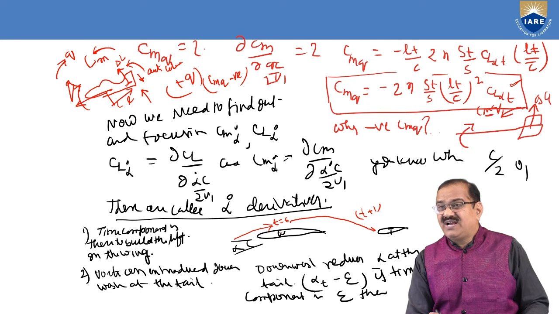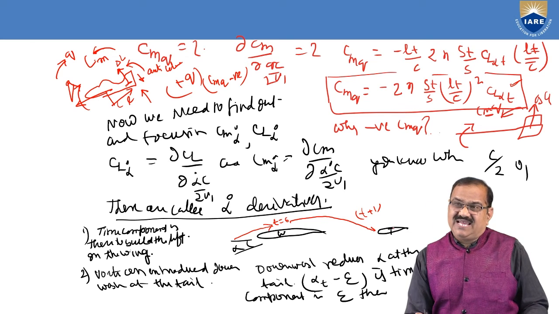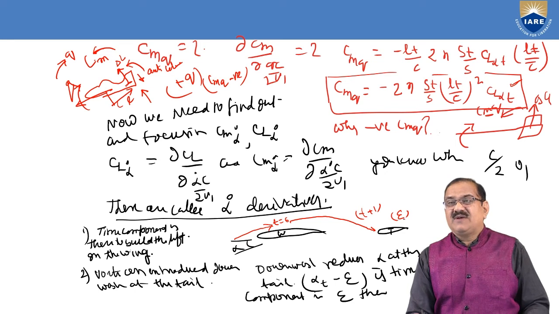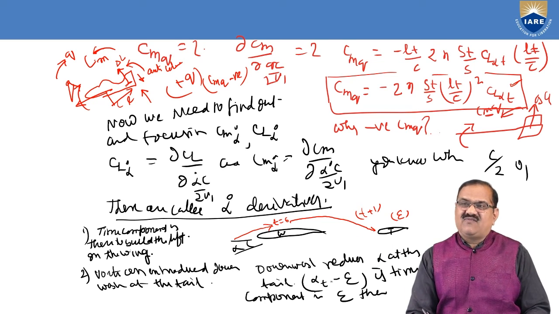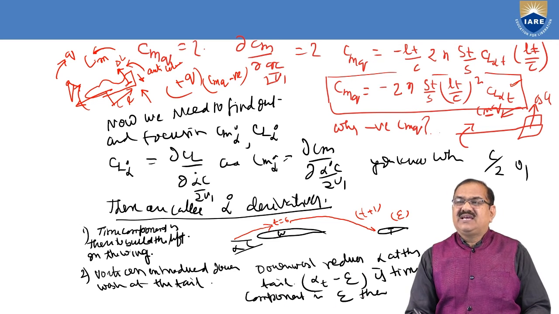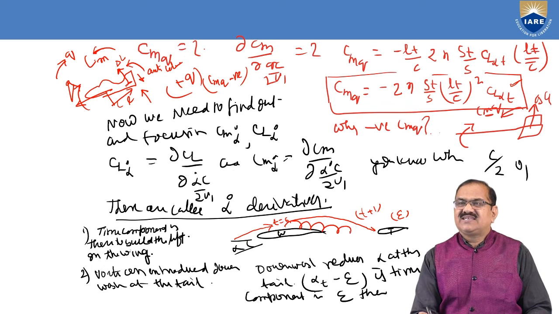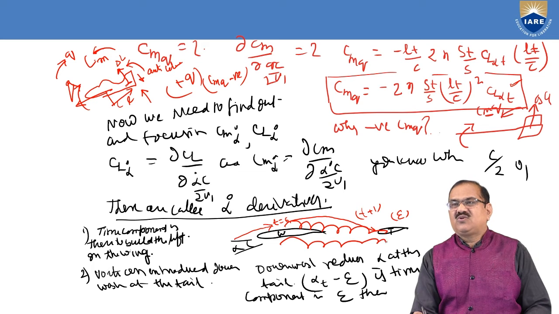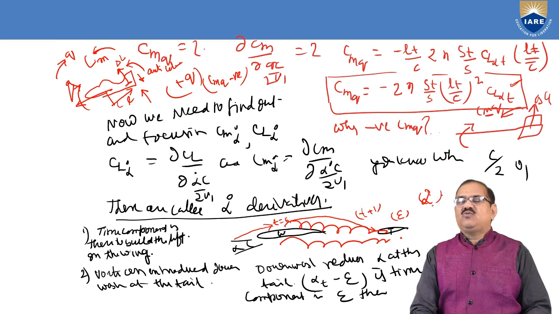So the effect of the wing, and to reach that flow in the tail, it will take some time, and this epsilon will be experienced after some time. So downwash reduces alpha at the tail, that is alpha t minus epsilon, a time component in epsilon. Okay, and see this vortices will move slowly like this. It will take some time to reach, so here alpha dot is coming into play.